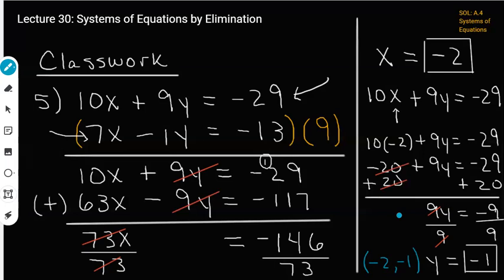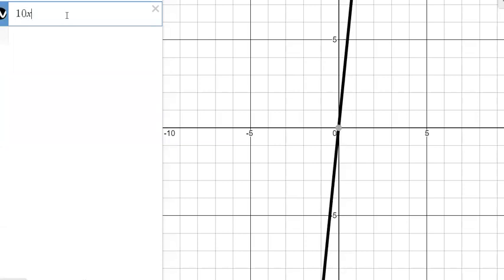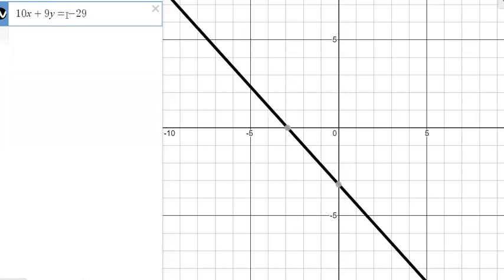Now, if you want to check your answer, you can graph both of these original equations in Desmos and see where the lines cross. So I'm going to go over to Desmos, and I'm going to type in 10x plus 9y equals negative 29. That's my top equation. You can see that the equation is going to generate a line.